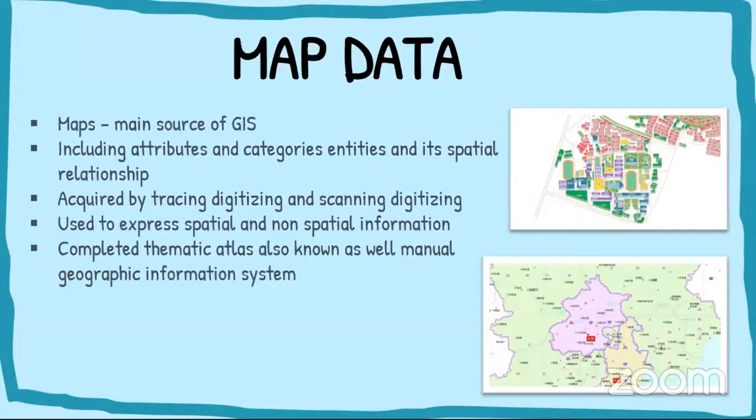Maps are used to express spatial and non-spatial information, where the complete thematic atlas is also known as the well-manual geographic information system. As you can see, an example of the maps is on the right.